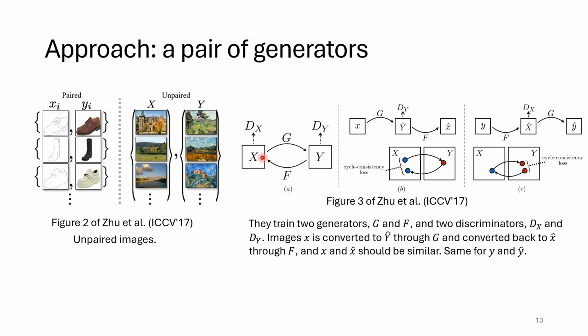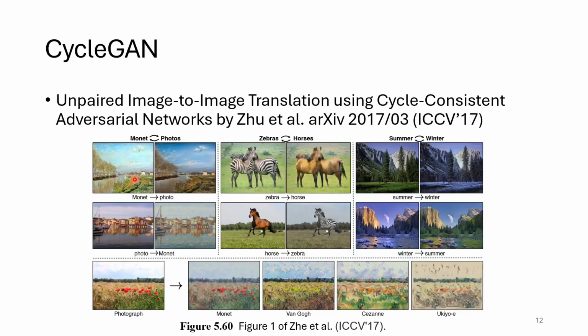In the ideal case, the discriminators Dx and Dy work well, they can tell whether an image is generated or fake, and the generators G and F work well, they can successfully translate images from one domain to another and translate them back.